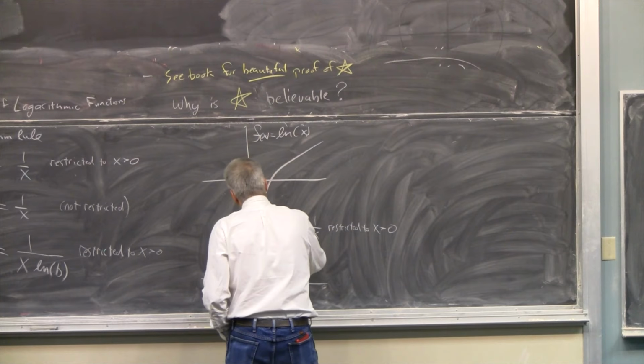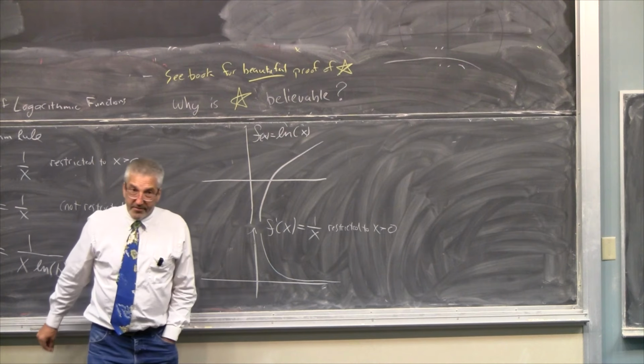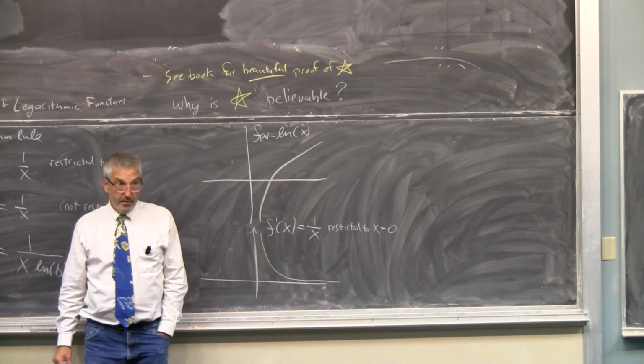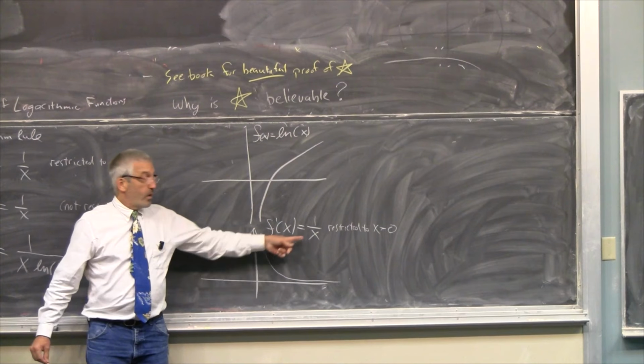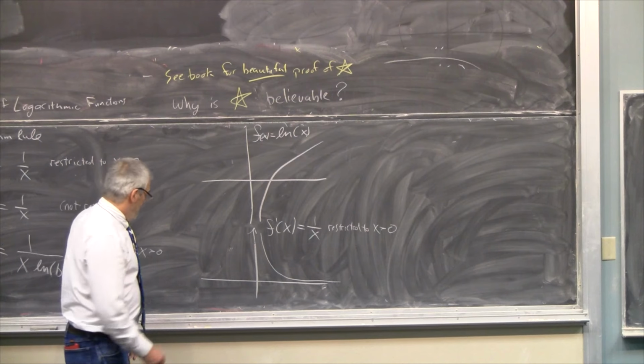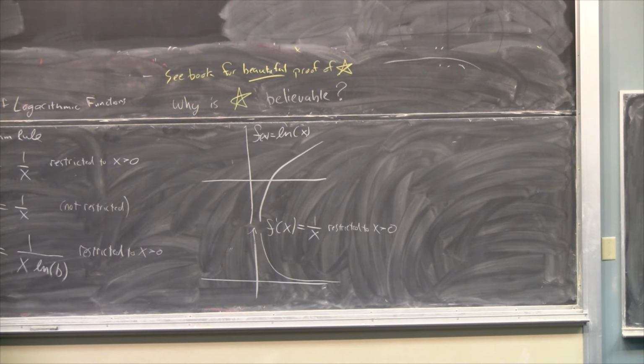So this graph looks like this. If I didn't restrict it, there'd be a left side on this graph. That's the key thing. What we're looking at is the 1 over x function, but just the right side of it.